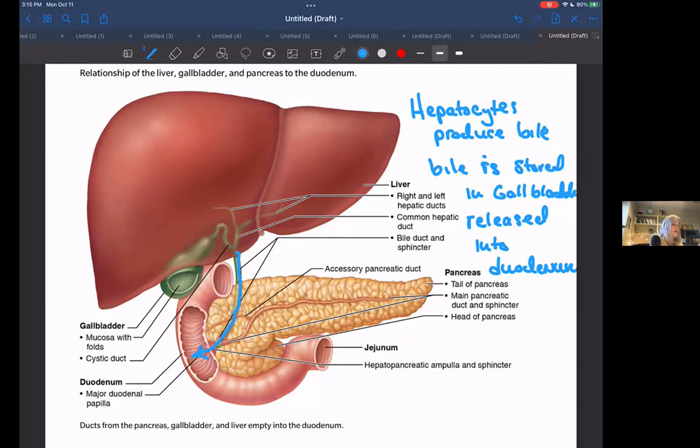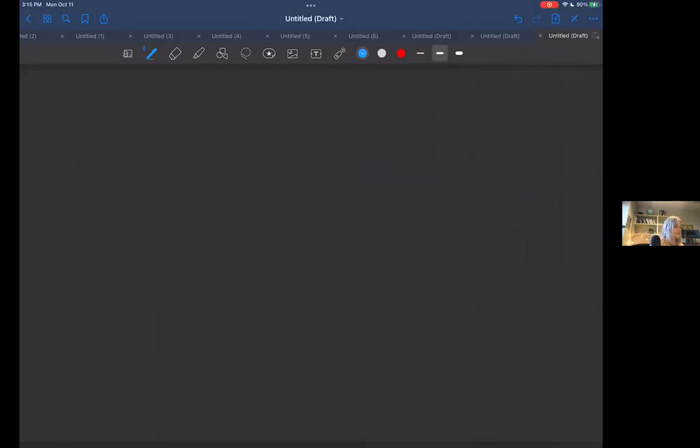So let's look at some other functions of the liver besides the production of bile. It actually has a lot of other functions, some of which are related to digestion and some of which are not. One really important function that I'm just going to list here is that it produces clotting factors. These clotting factors are important in the blood.